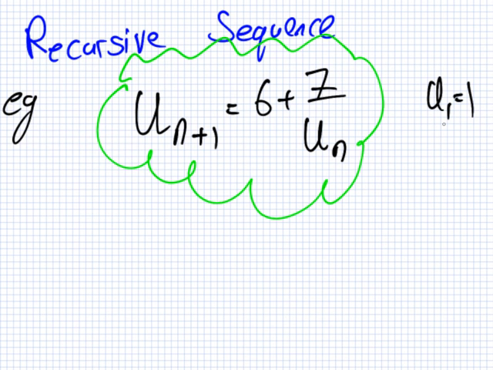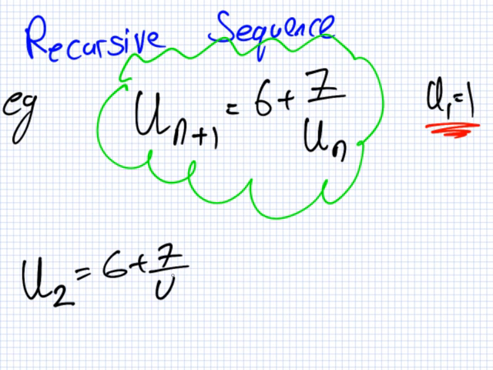You must be given the first term, that's U1. So in this example I said U1 is 1. And then what you do, to calculate U2, that would be 6 plus 7 over U1. Notice that this term is the one before this one.